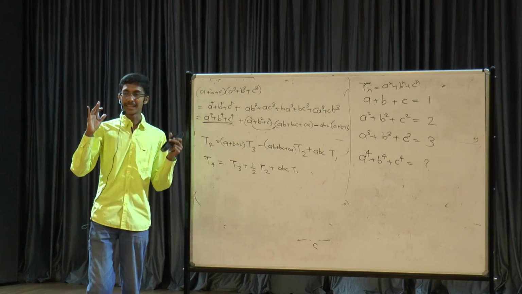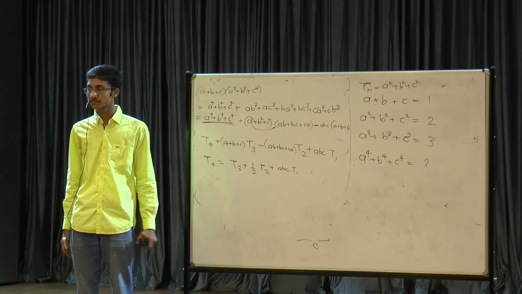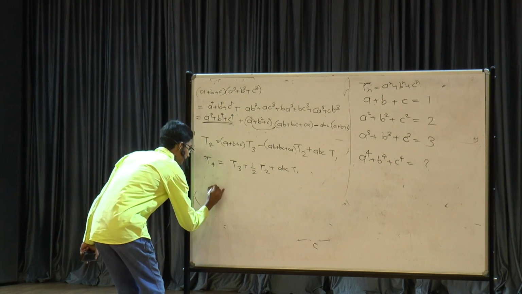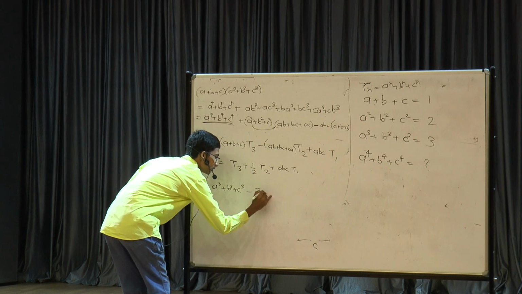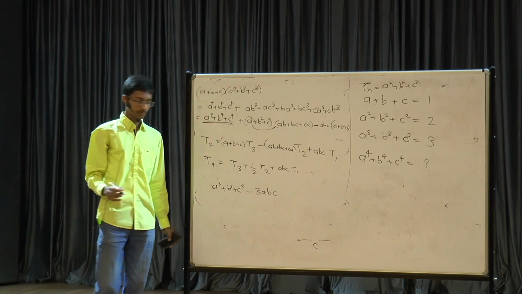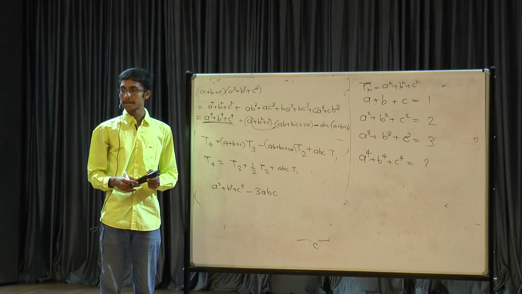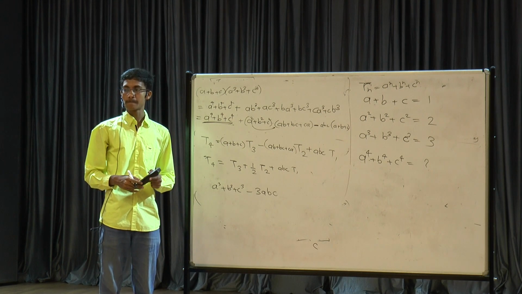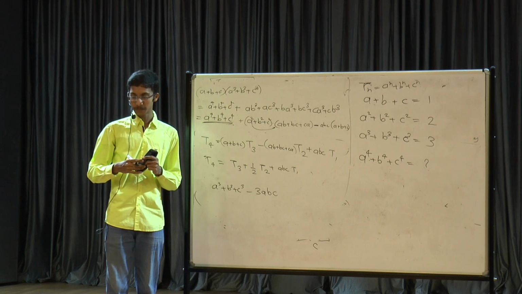Do you know some identity that has ABC? Have you seen something like this? Okay. What does that give? Plus long list of terms, right? Yeah.